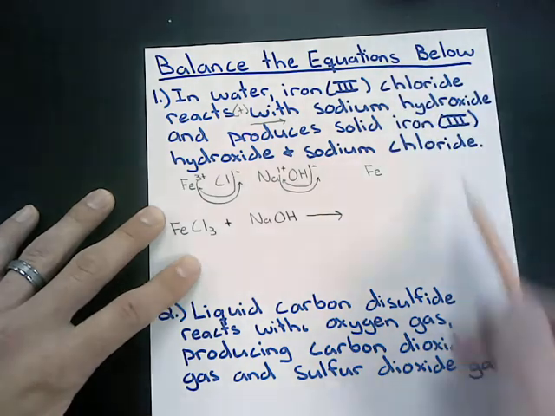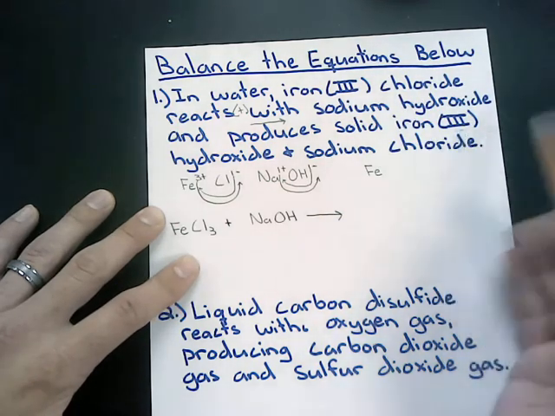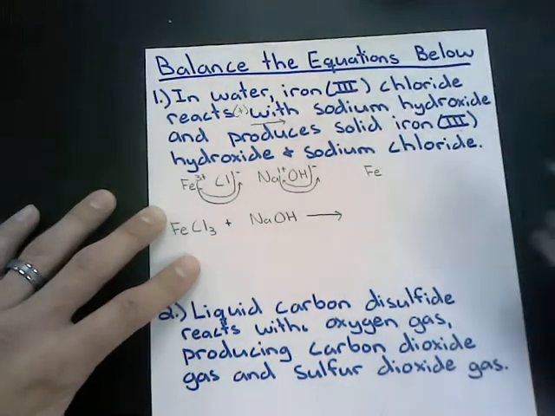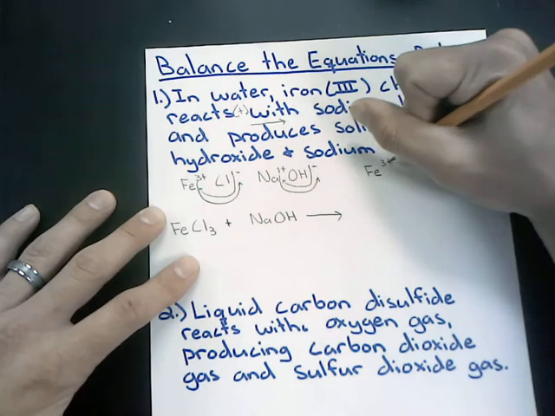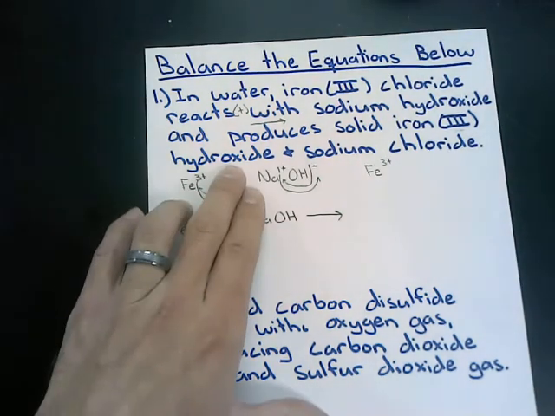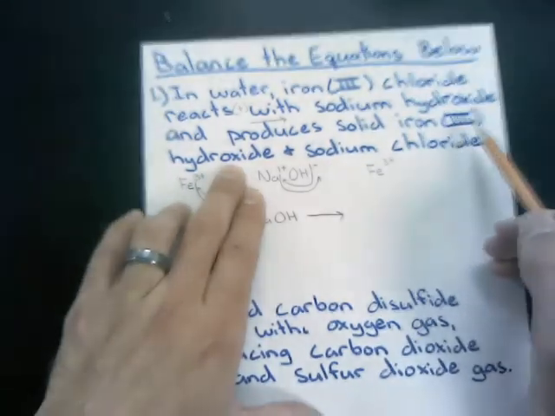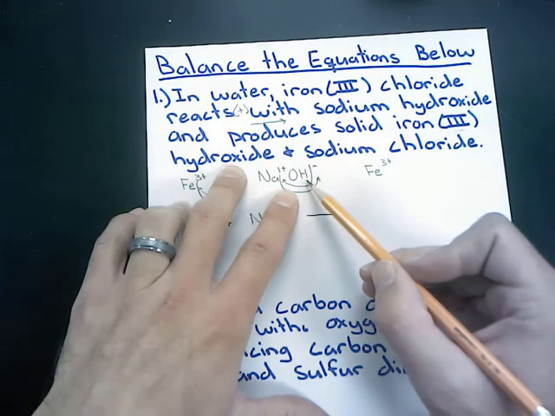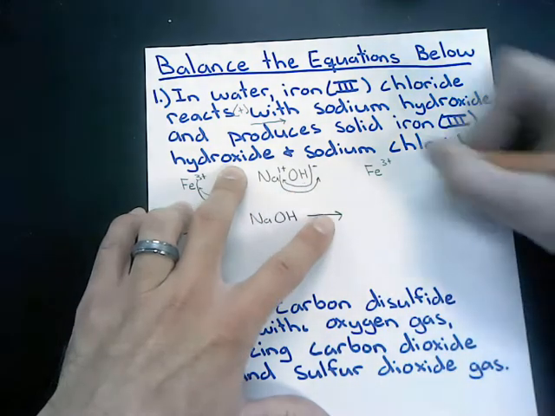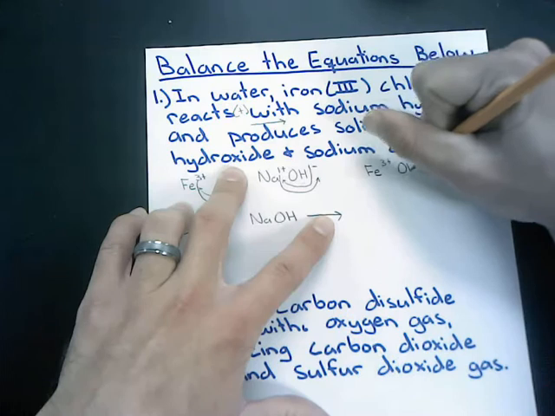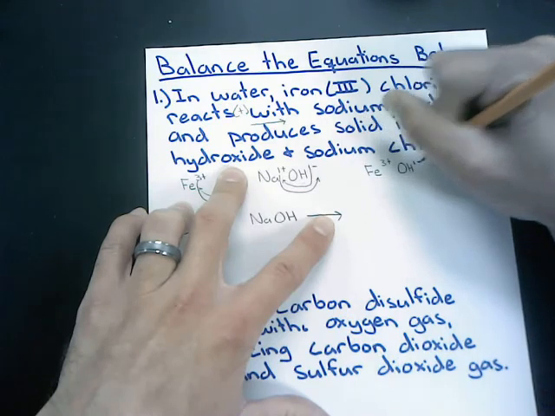The charge, because it's a transition metal, is represented in our parentheses, so iron 3+, and then hydroxide. Hydroxide is the same polyatomic ion that we found before, and so it is OH minus. And that is a 1 minus.